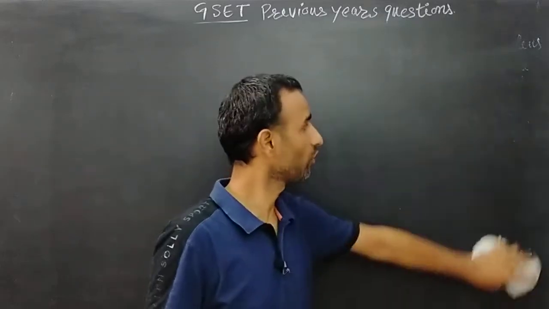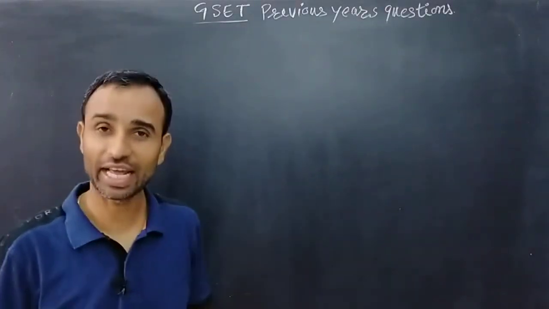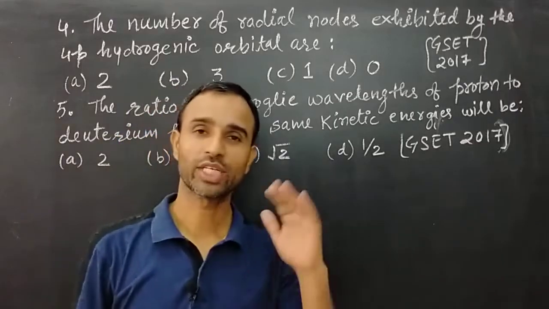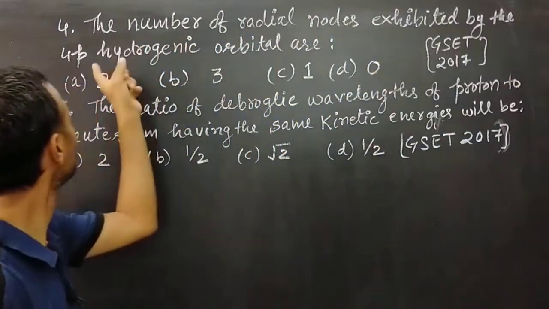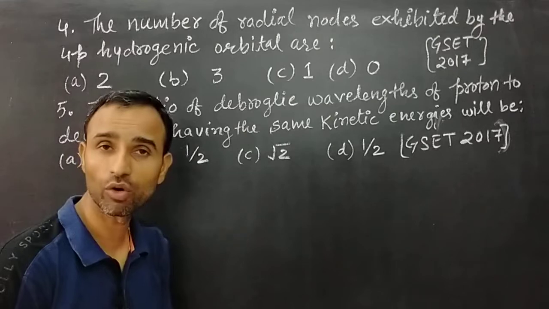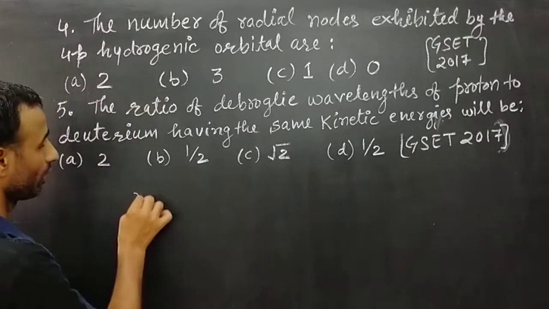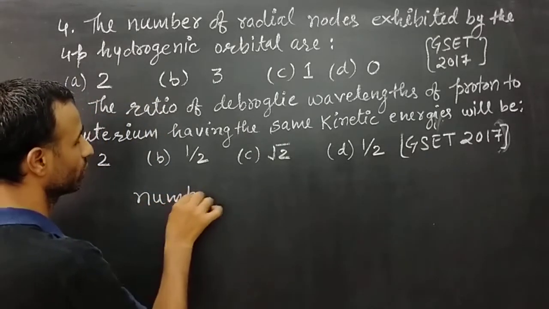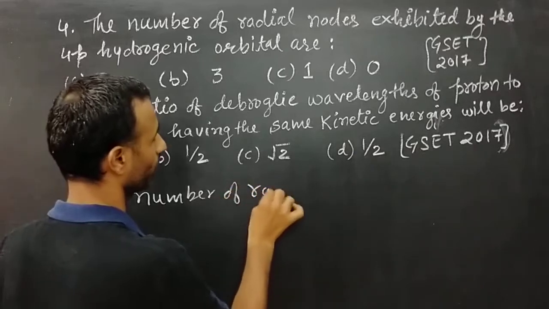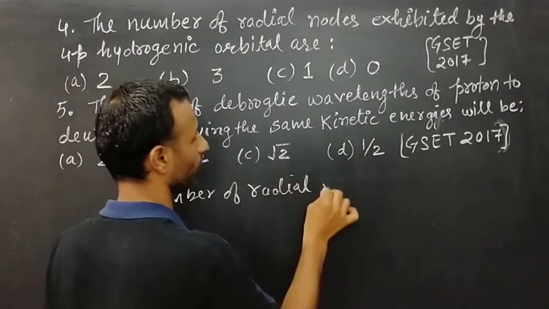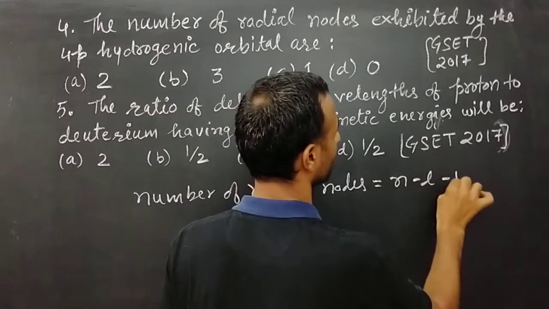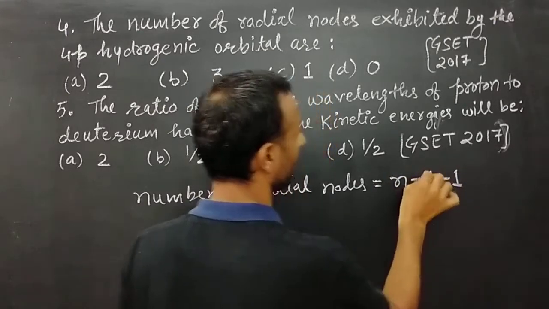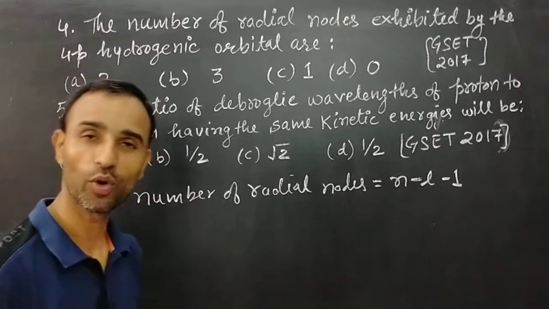So these are questions from GSET 19 and 18. Next question is the number of radial nodes exhibited by the 4p hydrogenic orbital. So you know, number of radial nodes is equal to n minus l minus 1 and angular nodes equal to l.